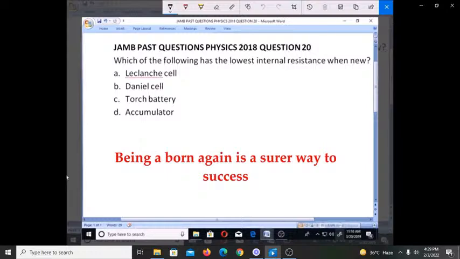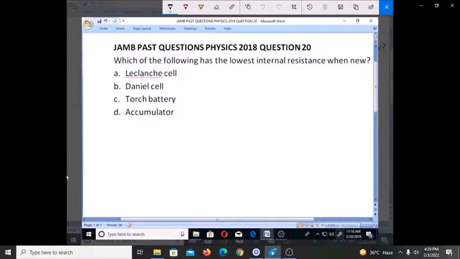Now, for us to be able to appreciate this question very well, we need to first of all know what internal resistance is. Whenever you're talking about batteries or cells, you talk about internal resistance, small letter r, as against the normal resistance, big letter R. So what is internal resistance?